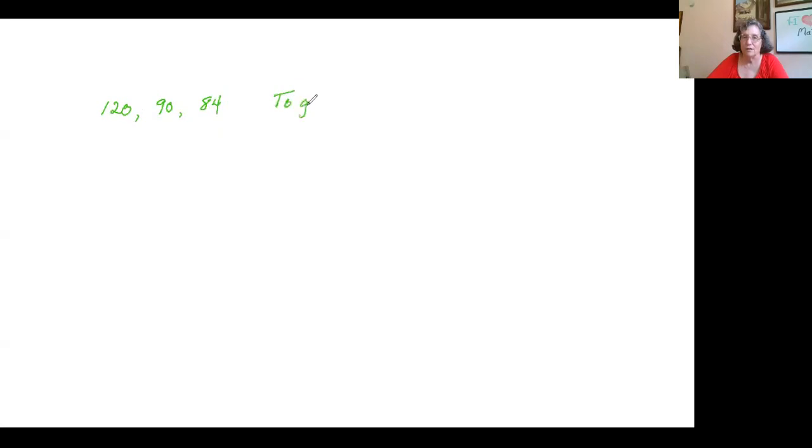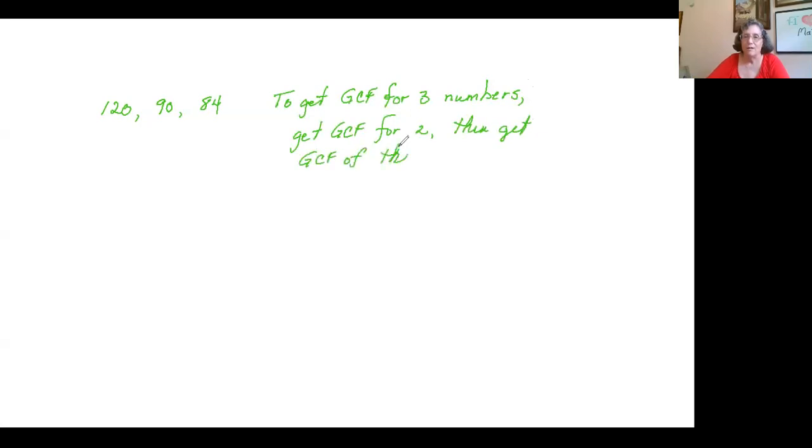So, to get your GCF or your GCD for 3 numbers, you have to get the GCF for 2, then get the GCF of that GCF and the 3rd number.